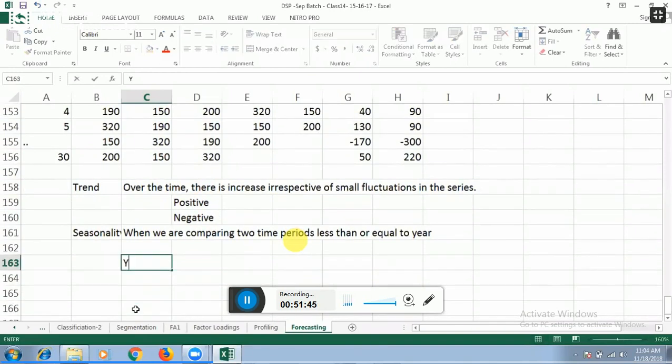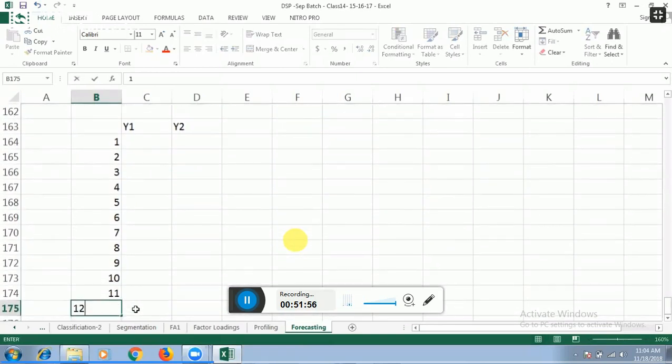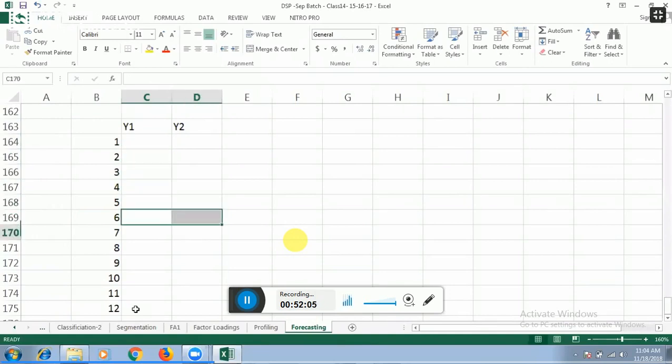Suppose I compare year 1 versus year 2, and my data is on a monthly basis: 1, 2, 3, up to 12. In year 1 I see very high sales in June, and in both years there is very low sales in October and in January. That means both years have some kind of seasonal impact. In those particular months I'm observing low sales, or in other months high sales.